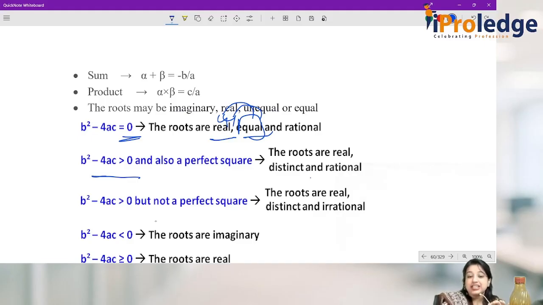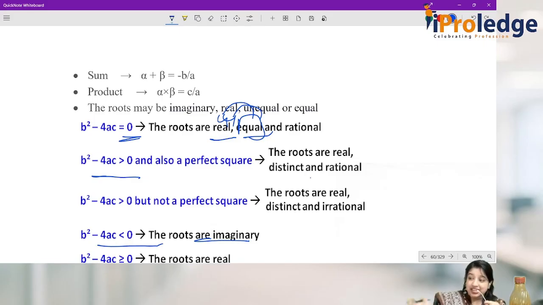If lesser than 0, imaginary. One, roots are equal and real. Another, real but roots are not equal. Another, roots are imaginary, the opposite word for real.